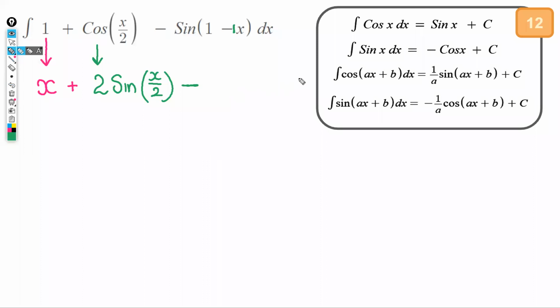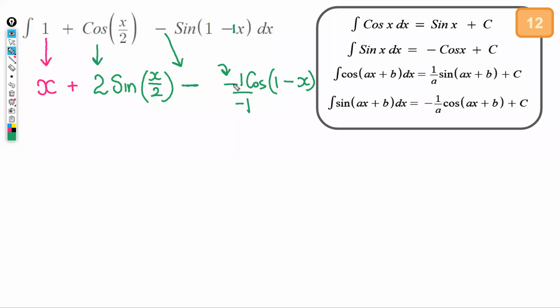Whatever is in the brackets, you leave it there. And who's touching this? Minus 1. So that minus 1 goes underneath a 1 here. And remember where this minus sign came from. This minus sign came from the integral of sine. We have a kind of weird situation here because the question came with a minus sign.